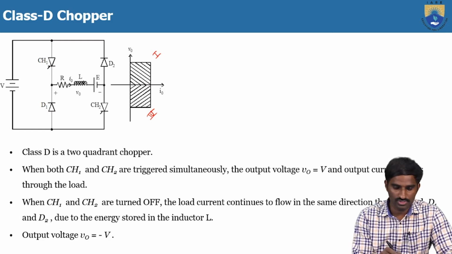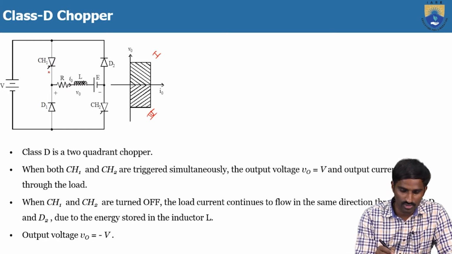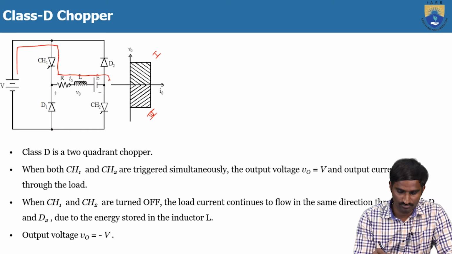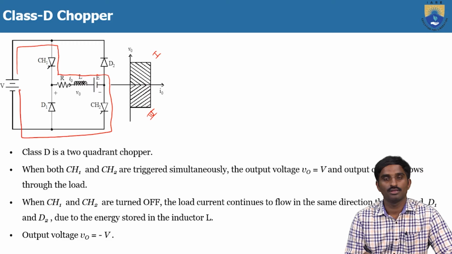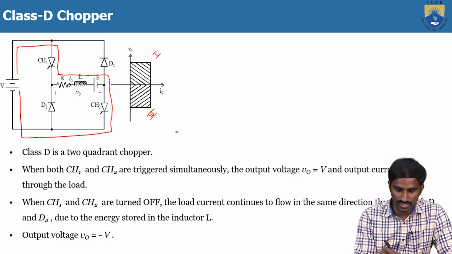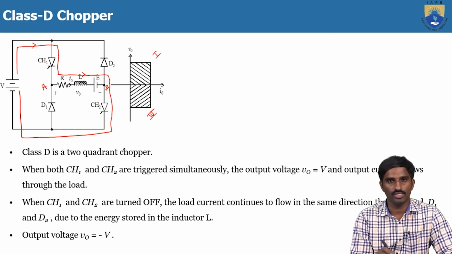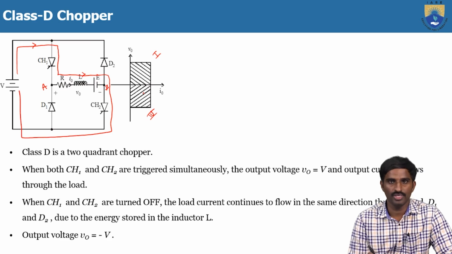Suppose CH1 and CH2 are turned on, then the load current will flow through CH1, through the load, to CH2, and back to the source. Let me consider this as point A and point B. The direction of the current is from point A to point B.